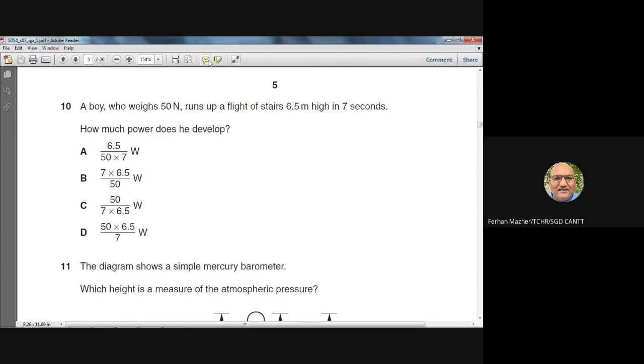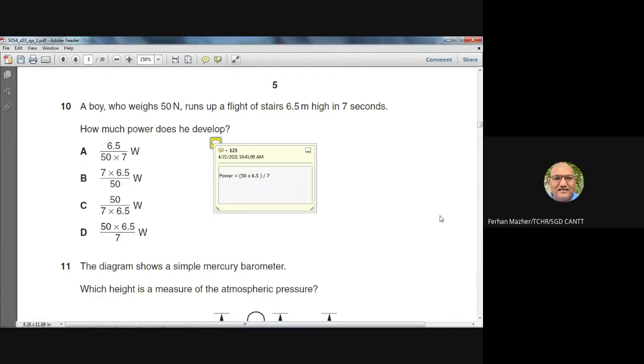So, the power I can write here also. The power will be equal to, and I can put a bracket here, the work done divided by time, and that is weight multiplied by the height, which is 6.5, and that whole thing divided by the time taken, that's 7.